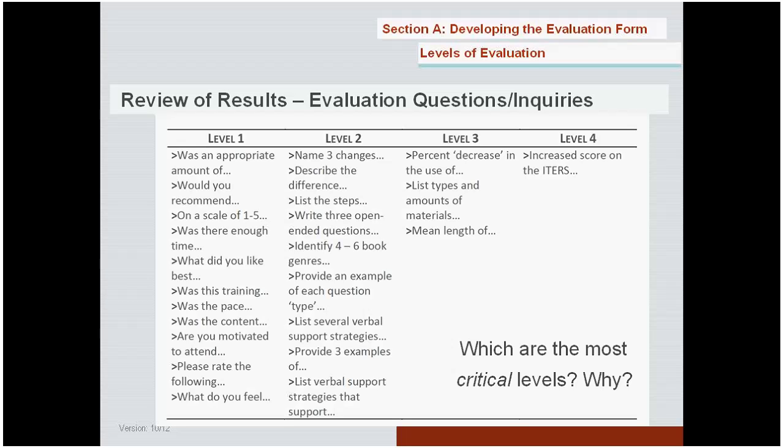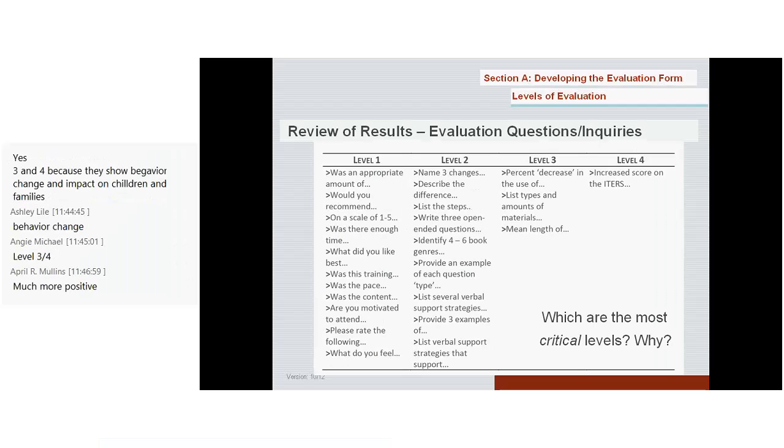And the tone that you use, if you say, well, you only increased 8%, that's not too motivating. But if you say, your staff has shown an overall increase in the use of open-ended questions by 8% in just 2 months, how does that feel? Much better. It is positive. It's very positive.